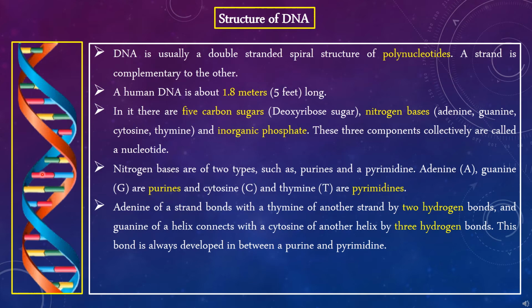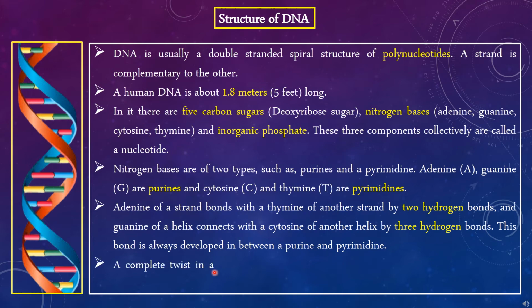You can consider the handle or helix of a twisted ladder, this spiral structure, and the steps of the ladder will be the nitrogen bases. If you consider this structure as a twisted ladder, the handles of the ladder will be these two sides and the steps will be the nitrogen bases.